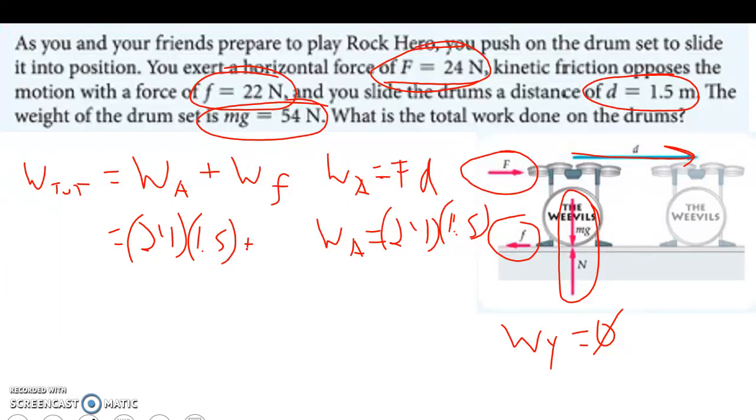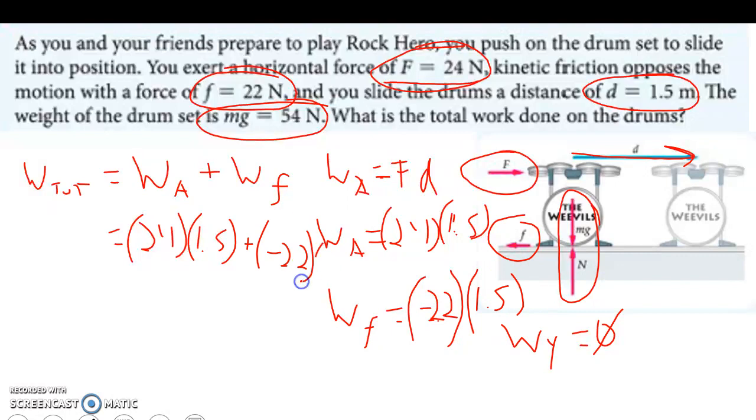Then we'll add to that the work for friction, which is going to be a little different. Our force is 22, but it's going in the opposite direction, so it'll be negative 22. Again, friction is a negative force. But we're also going over the same distance, so 1.5. So negative 22 times 1.5. So we have 24 times 1.5 plus negative 22 times 1.5.